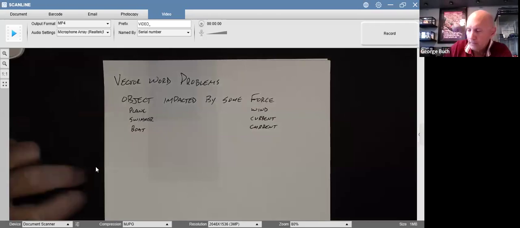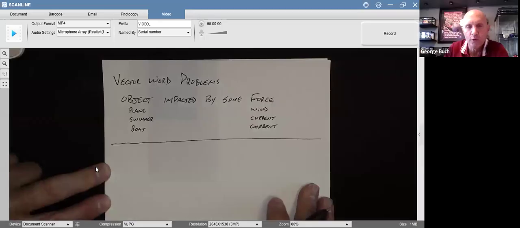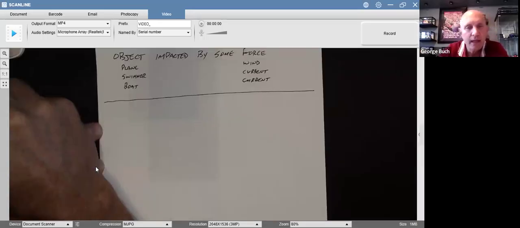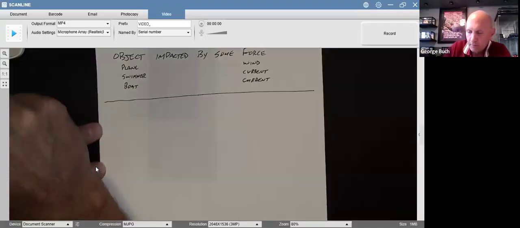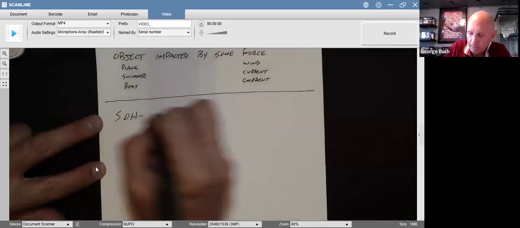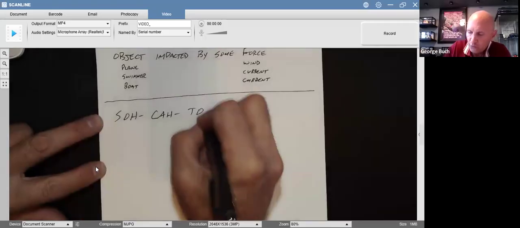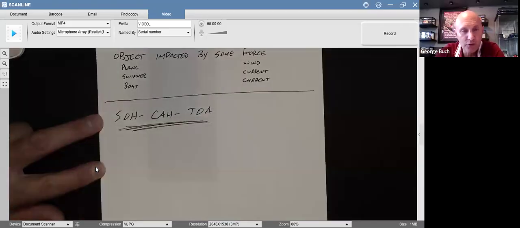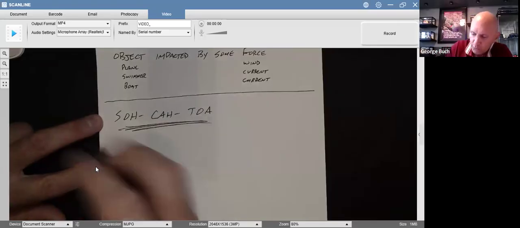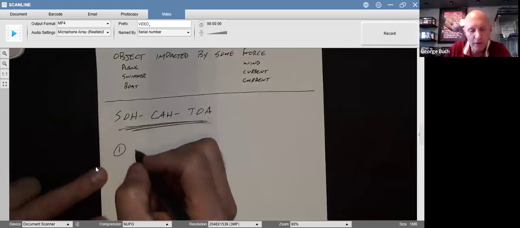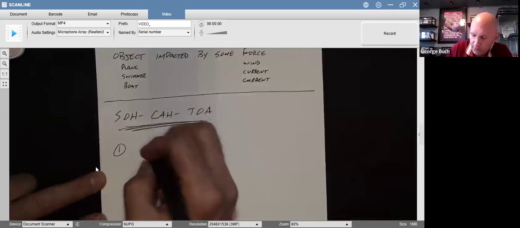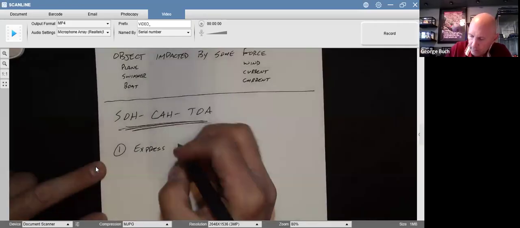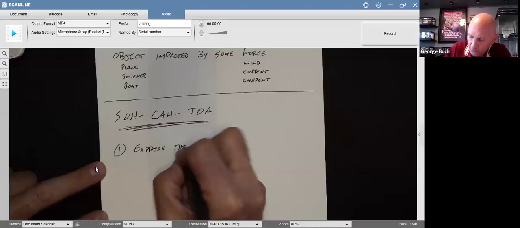So in these problems, you are going to be asked essentially 5 different pieces of information. And in these word problems, you are going to be using SOHCAHTOA frequently to figure out these values that you need. So the first thing that you're probably going to be asked is express the force.